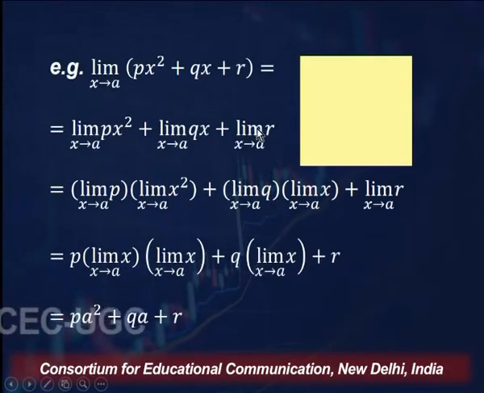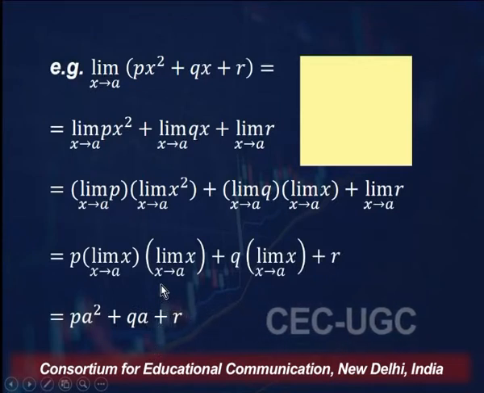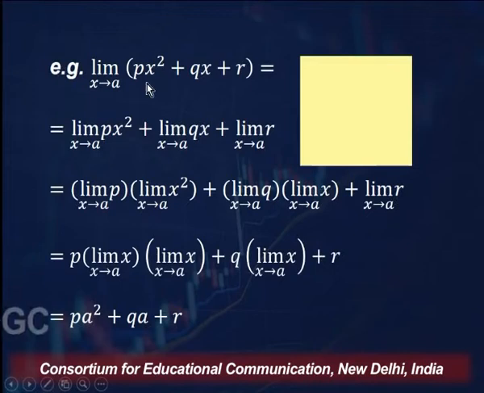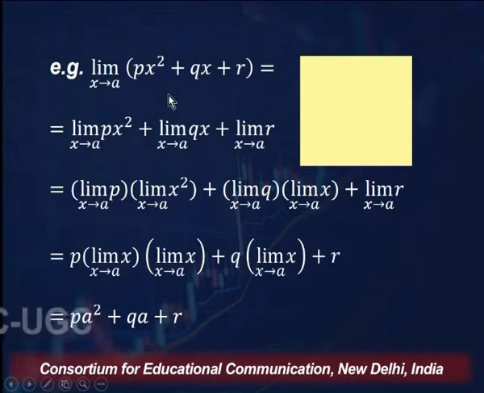Let's look at an example to illustrate the use of these rules. It's a very simple polynomial that you have here. You have a quadratic function, and you want to find the limit of p x squared plus q times x plus r as x tends to a. Now, p, q, r here are constants.